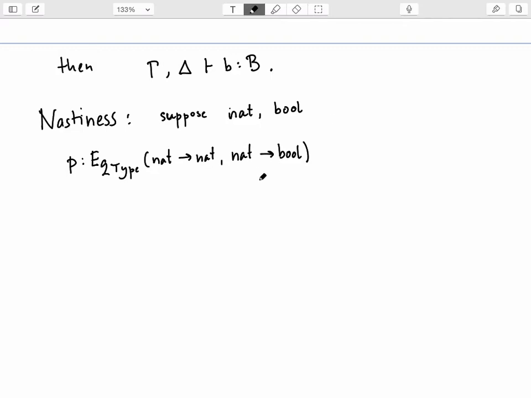So this is an inescapable assumption that I will be able to reproduce even if you tweak my type system a little bit. If you leave the reflection rule in, then something like this follows. Okay, so first of all, you might ask, how unreasonable is it to assume that nat arrow nat equals nat arrow bool?